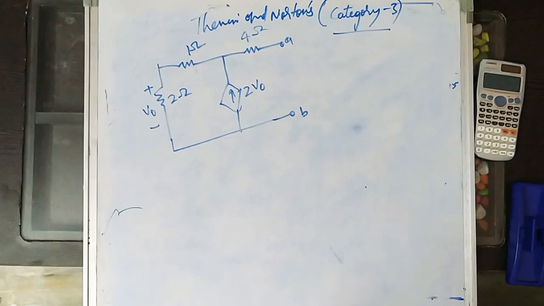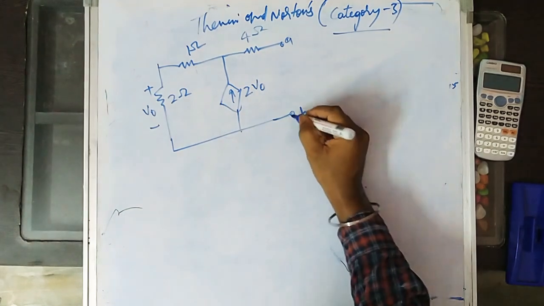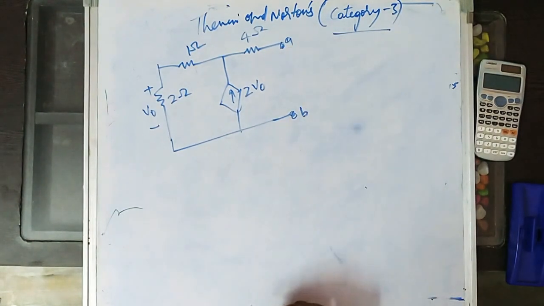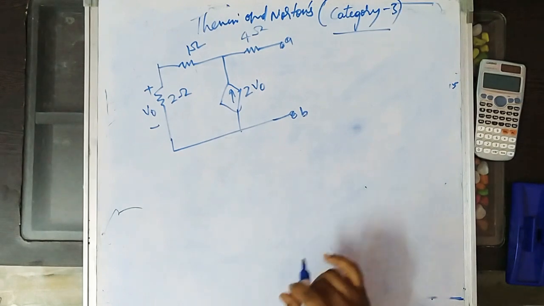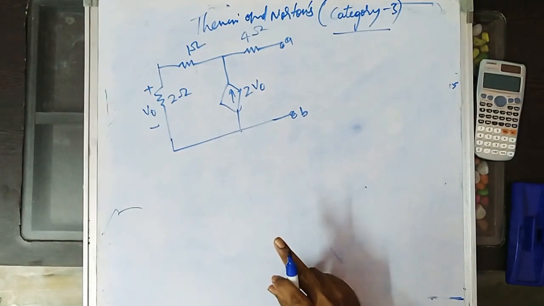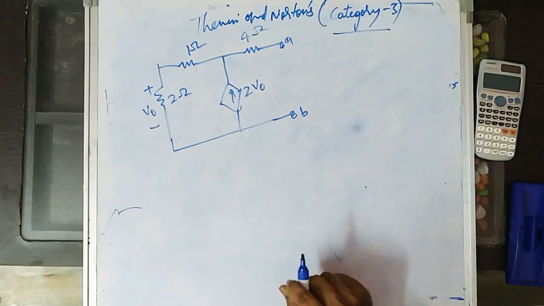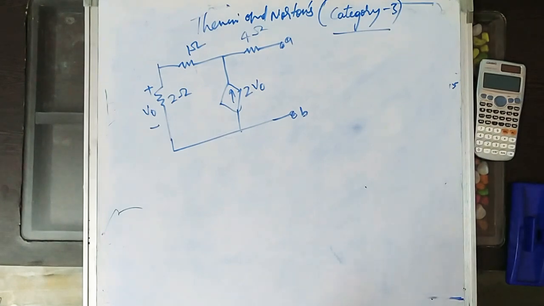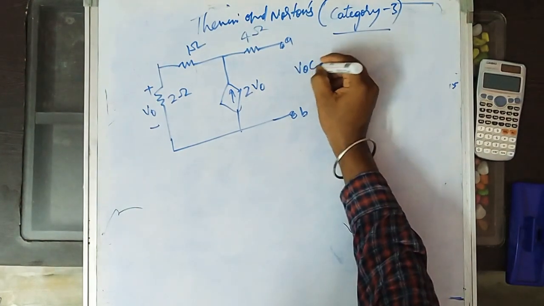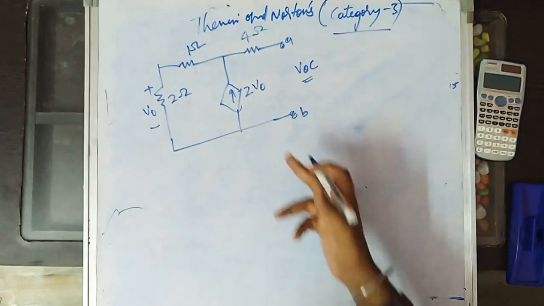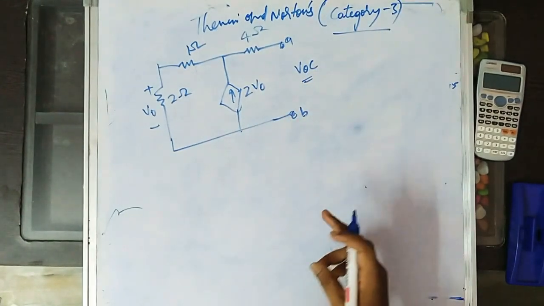For this circuit, there is no independent source, that is, no energizing element. Without an energizing element in the circuit, you cannot find VOC, the open circuit voltage.